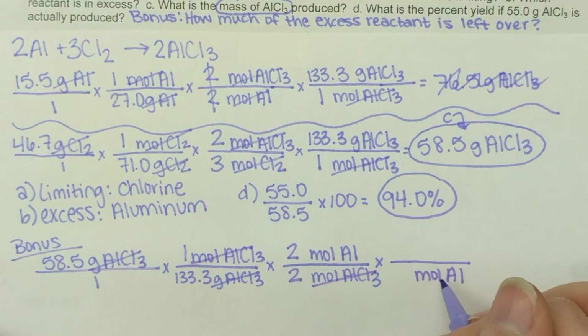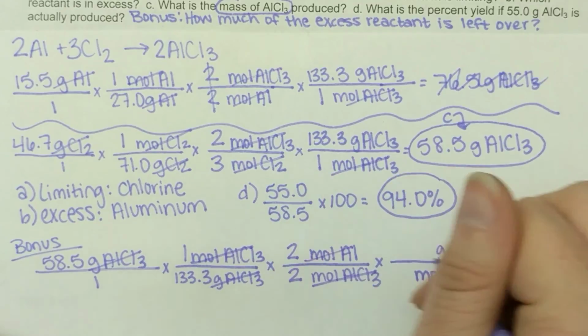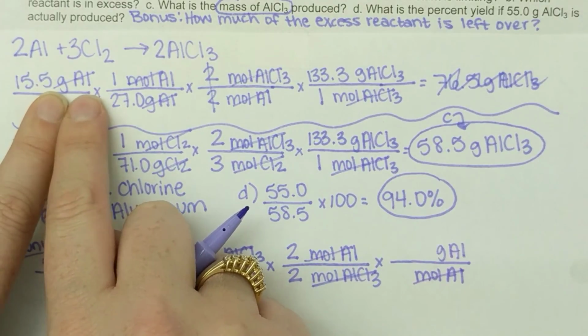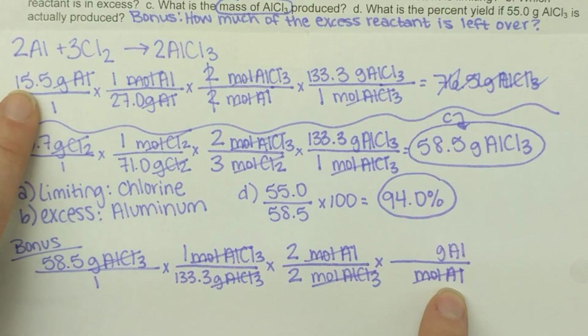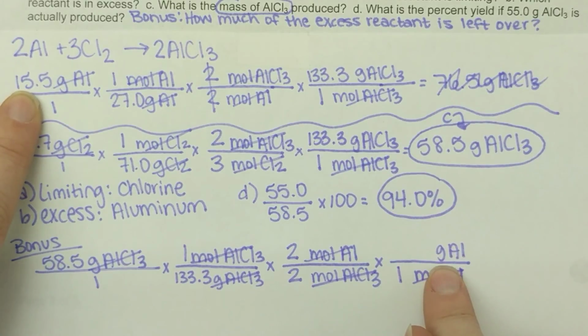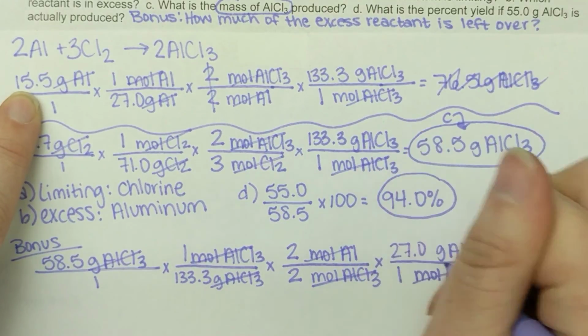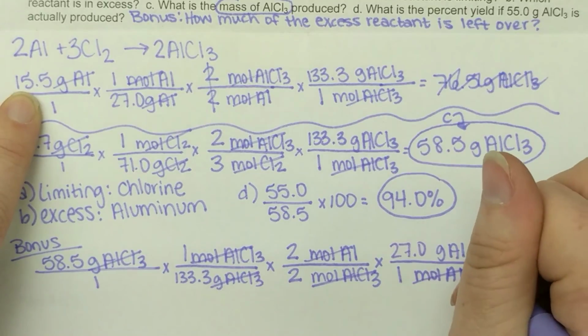And now I'm able to go back to grams of aluminum. I want grams of aluminum because I started in grams of aluminum. So I'm going to compare how much was used to how much I started with, and that will show me how much is left over. So the molar mass of aluminum is 27.0 grams per 1 mole, always 1 for molar mass.